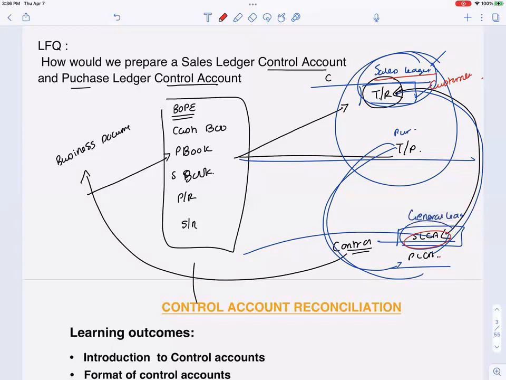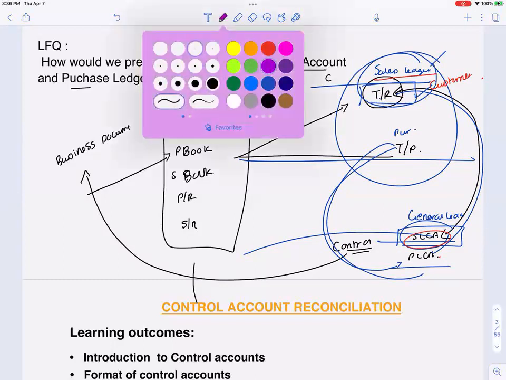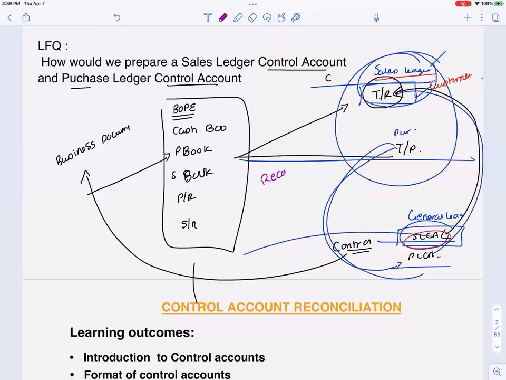Okay? If they don't match each other, that means you have to reconcile. That means you have to prepare SLCA reconciliation.